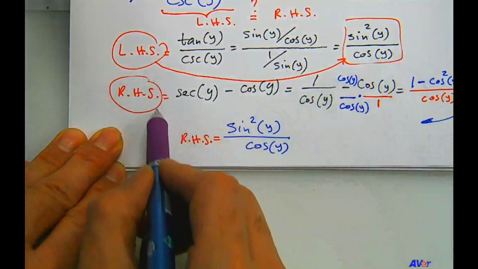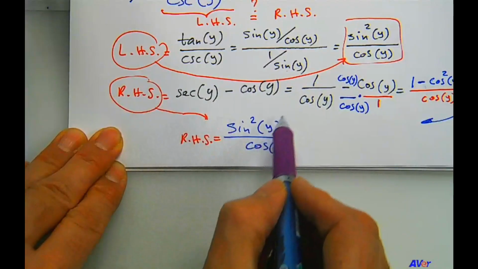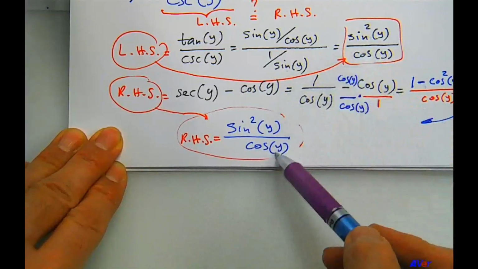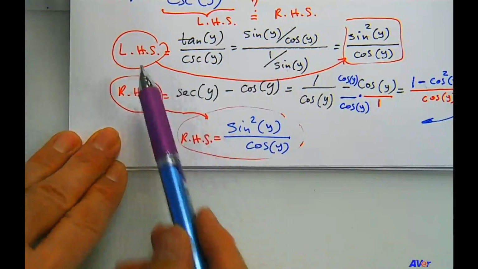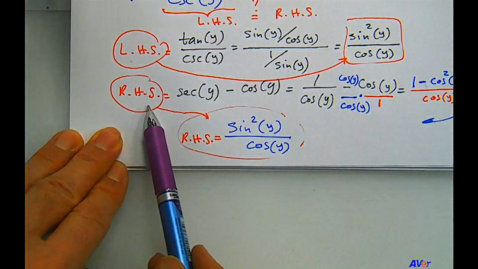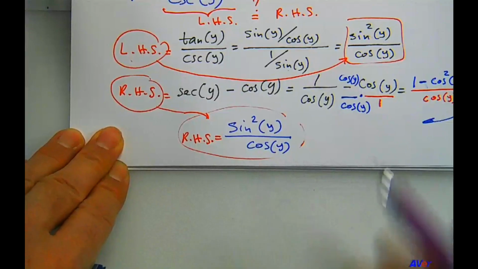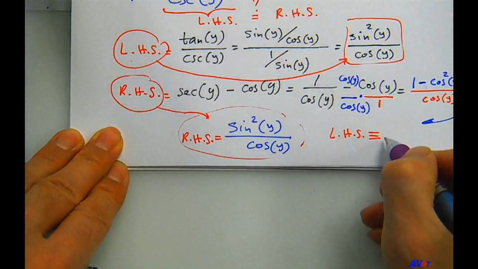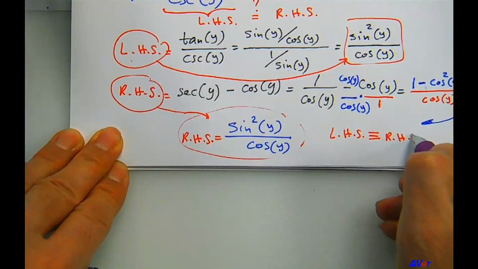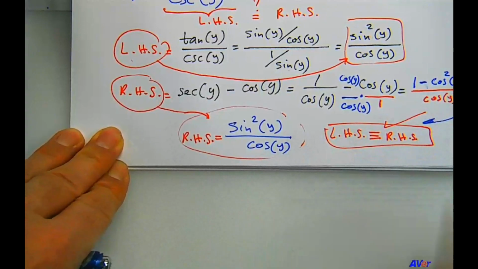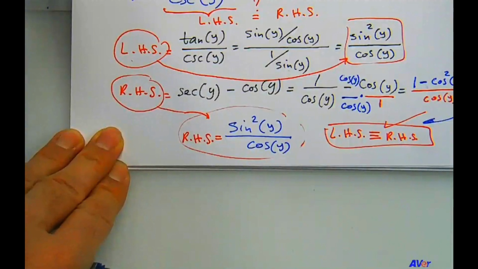We just worked with the right-hand side, and we ended up with this, sine squared y over cosine y. So we've shown that the left-hand side and the right-hand side are equal. So we verified the equation. So left-hand side is equal to right-hand side. We've just shown that. So we've verified the equation.